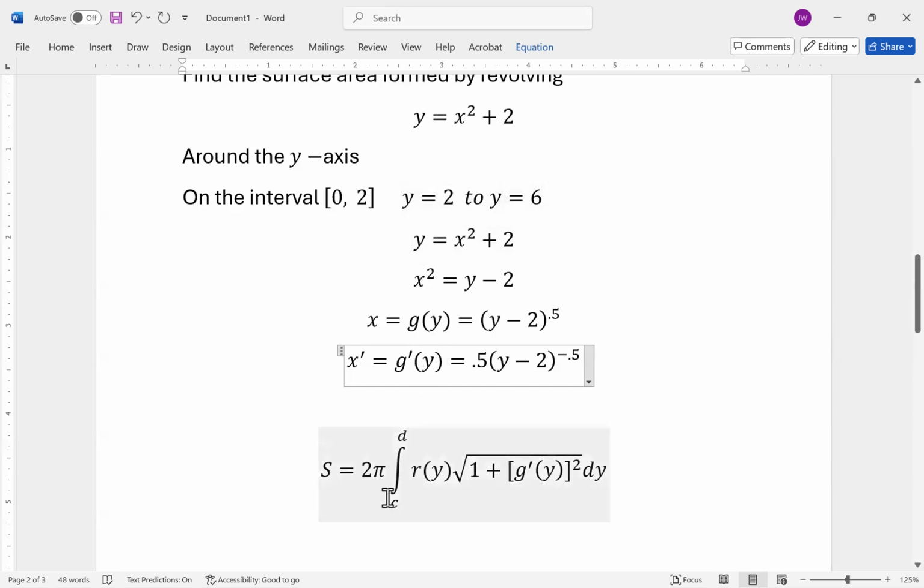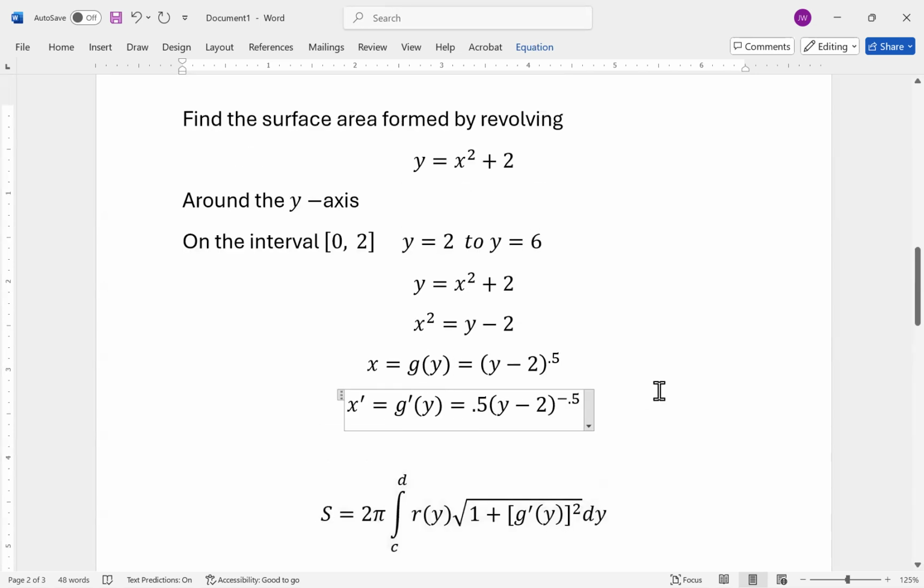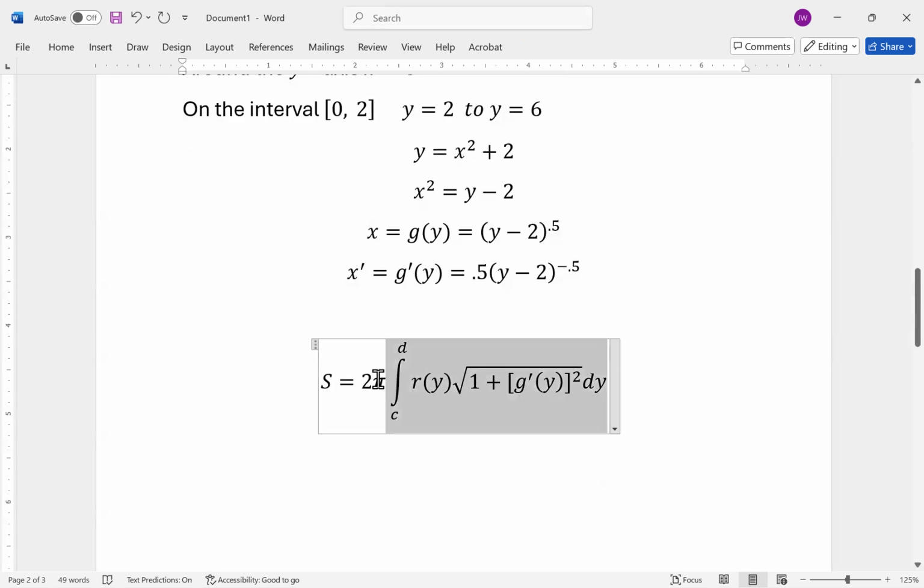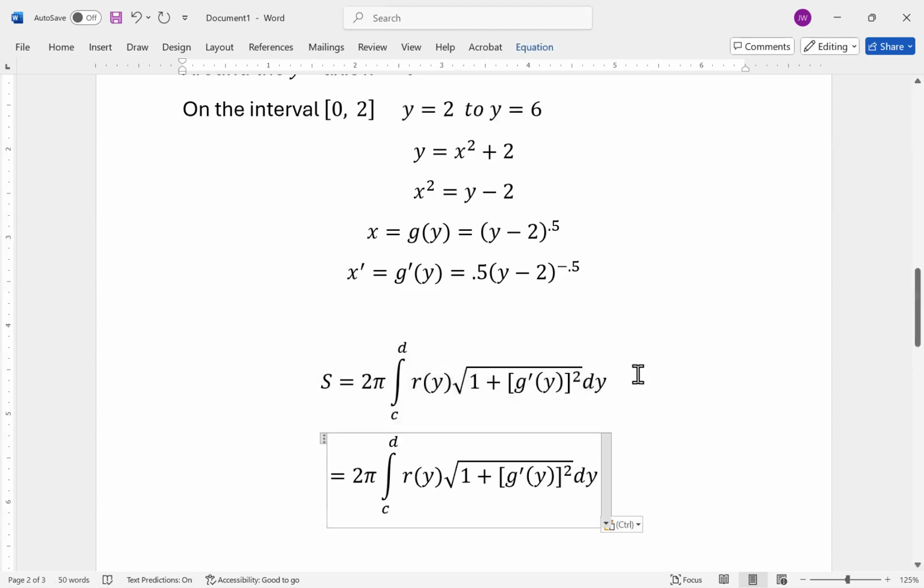I know y values are going to range from 2 to 6. And we said the radius goes from my function down to the x equals 0 line, which is the y-axis. So the y-axis, again, is the line x equals 0. So we're going from my function down to 0. Now I'm all set up. Now I can take the general formula and plug in the specifics of this situation. We're going from a y of 2 to a y of 6.